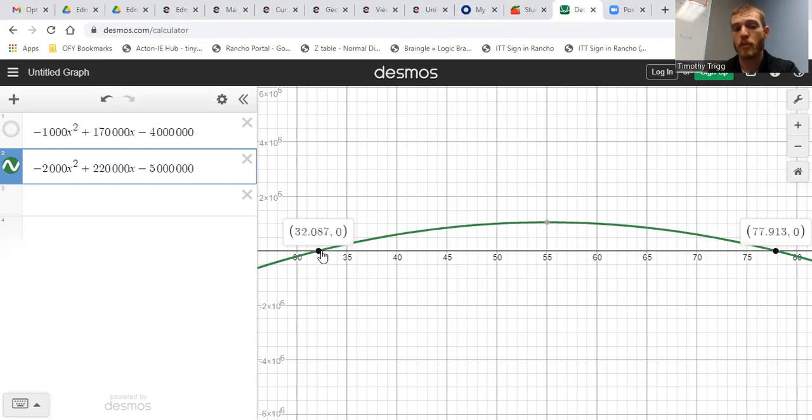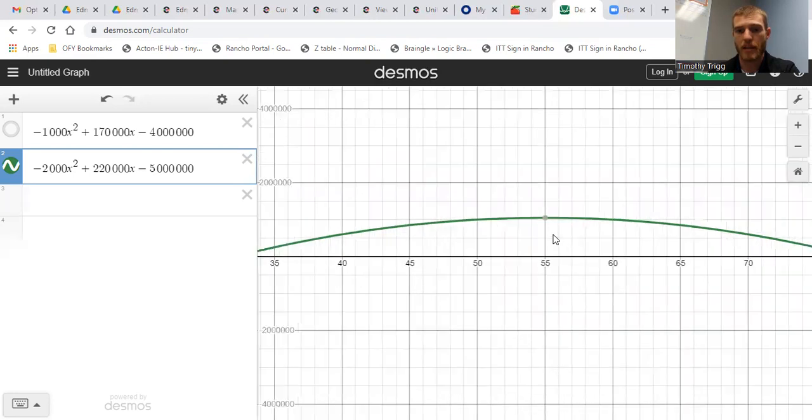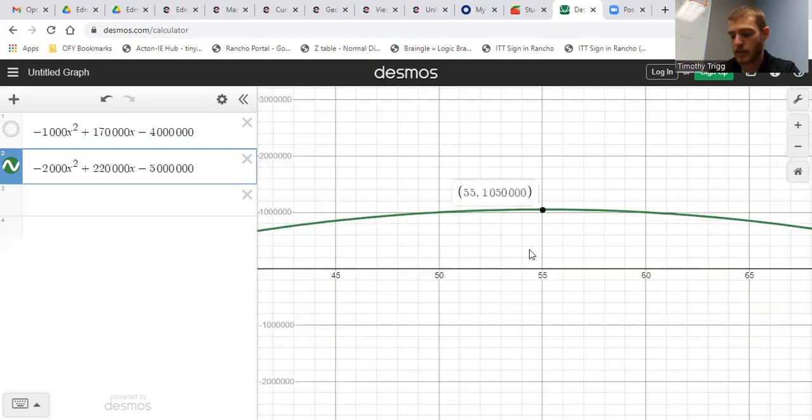So if she sells for more than 32 but less than 77, then she's in the profit, because it's above the x-axis, above 0. And to maximize the profit is the vertex. So with this material, to maximize the profit, you want to use the vertex here. That's an important point. So for this first material, the max profit is this.